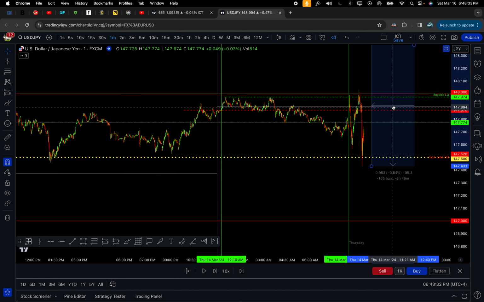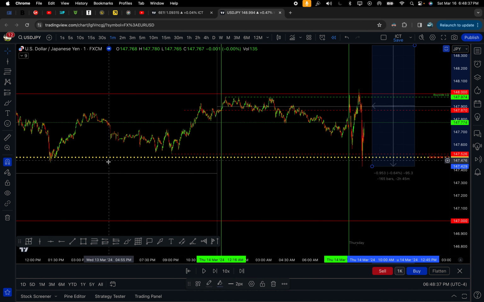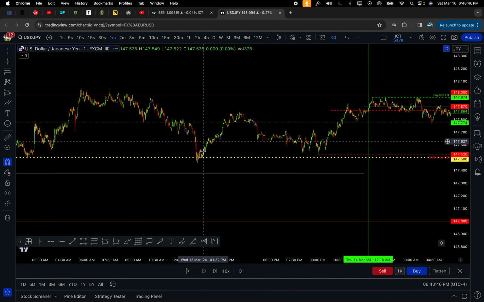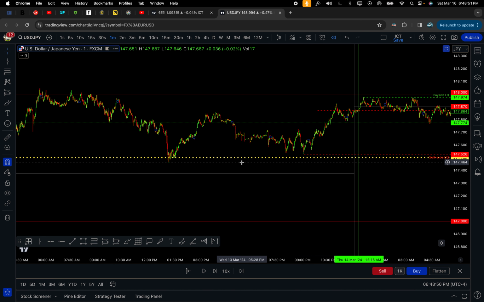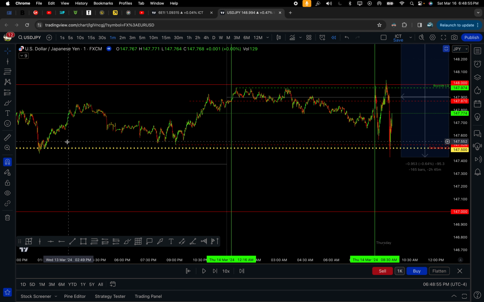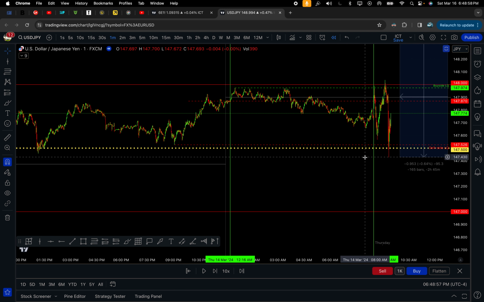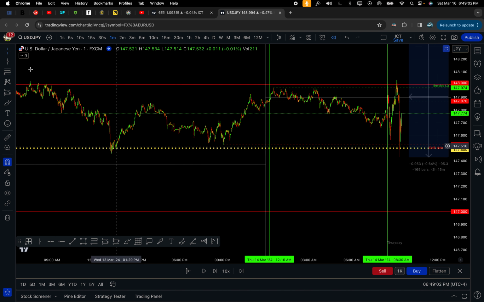So if we swept this liquidity down here, you could have taken an entry. It's interesting that it just didn't sweep below here. Maybe that's because these lows are so far back that most everybody has moved their stop loss to here, just below. Oh look, actually, what am I saying? It swept that too, didn't it? Sorry.